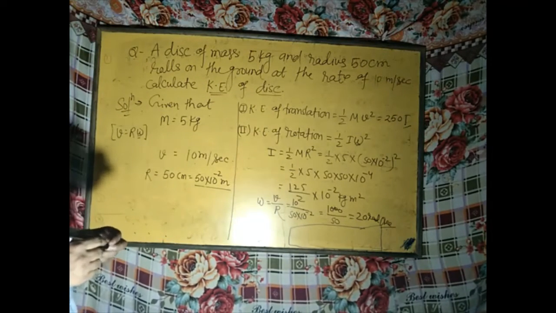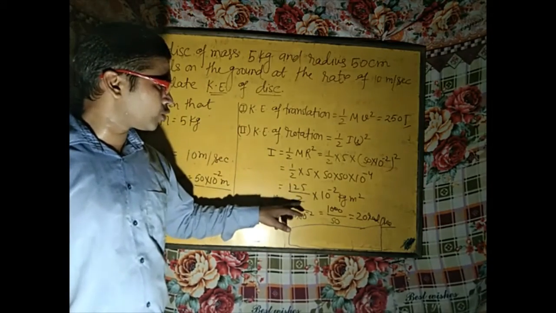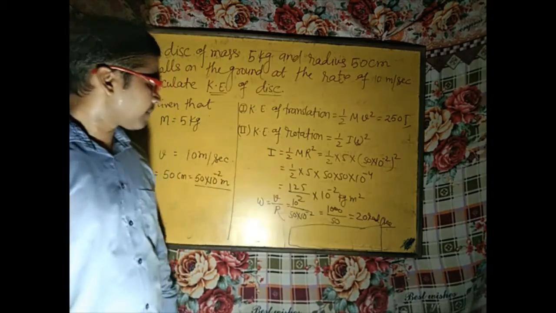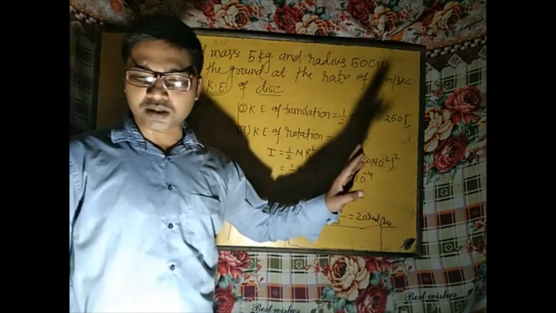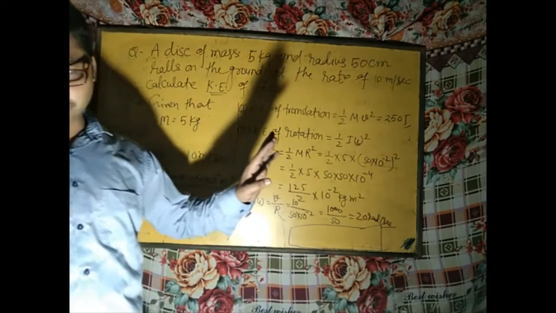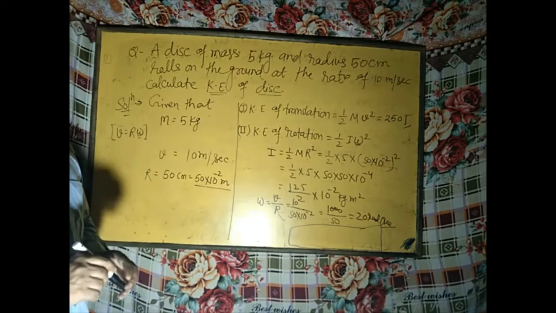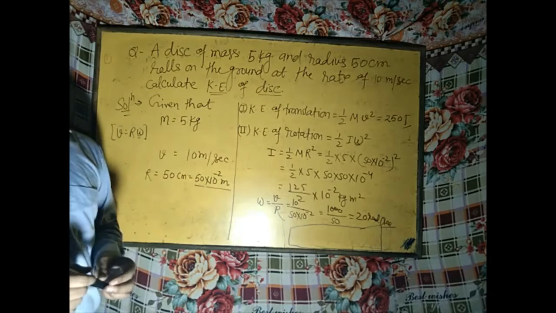Okay, so now we have the value of I, that is 125 by 2 into 10 to the power minus 2 kg meter square, and the value of omega, that is 20 radian per second. Okay, so now you can use these two values and you will get the kinetic energy of rotation.